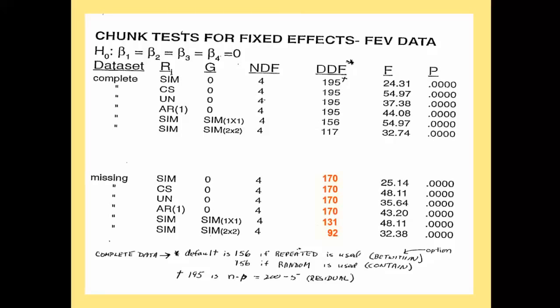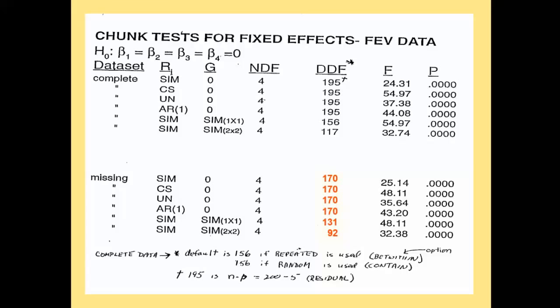Okay. Now, since there are 2 random effects, what are you going to subtract? You've got 200 observations in total. You subtract 5 for the fixed effects, 39 for the first random effect, and another 39 for the second random effect.